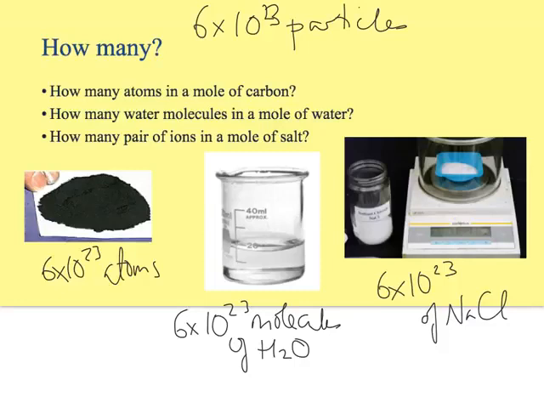So are you looking at something like a metal or carbon or perhaps a noble gas? Are you looking at a molecule instead? Are you looking at oxygen or water? In which case you need to calculate the mass of one individual molecule to give you the mass of 1 mole of those particles. Or is it an ionic substance?